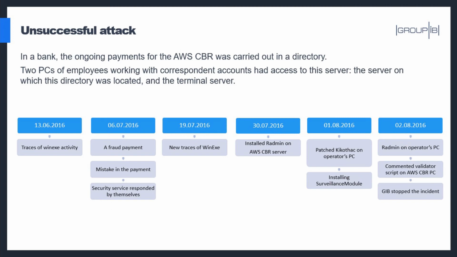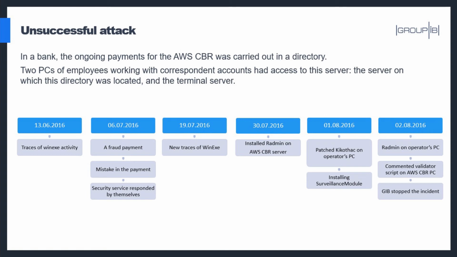However, in two weeks, the hackers restored access to the bank system, and on the next day, traces of the Kikoff backdoor and the surveillance module of Silence were installed on the computer from which operators of the AWS CBR system made their transactions.